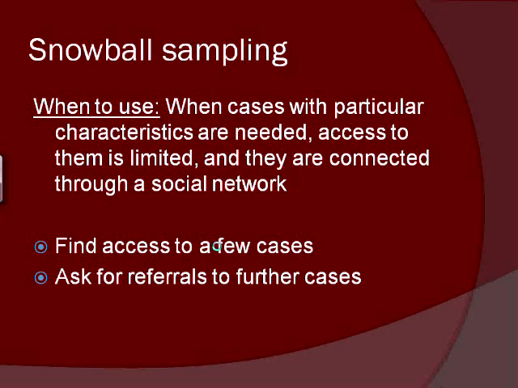For example, let's say we want to study families of children with Asperger's syndrome, which is a type of autism. Typically, people who have kids with this kind of syndrome are connected to other people for support who have the same kind of disability in their family, and so they know each other.